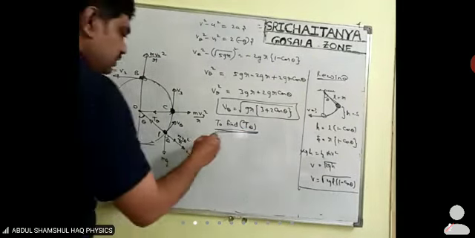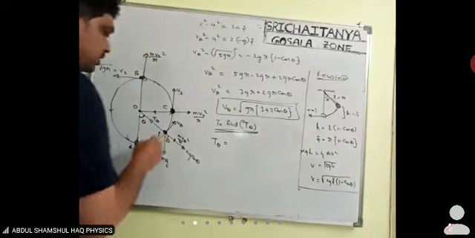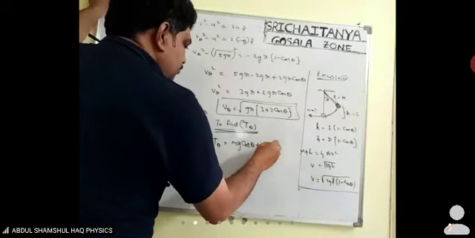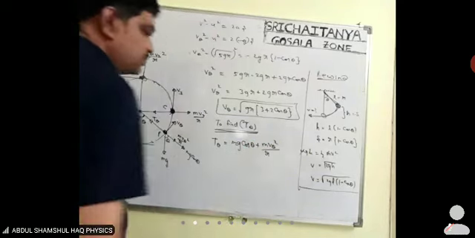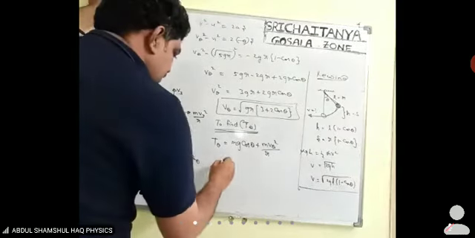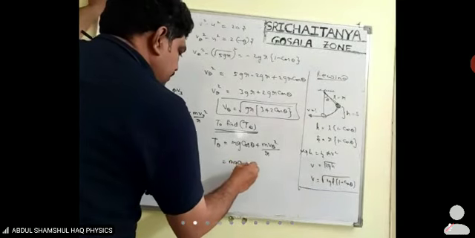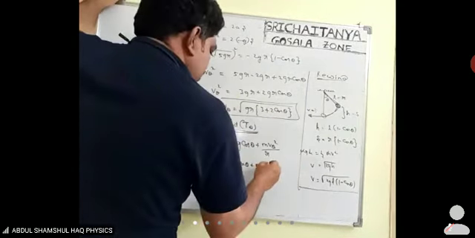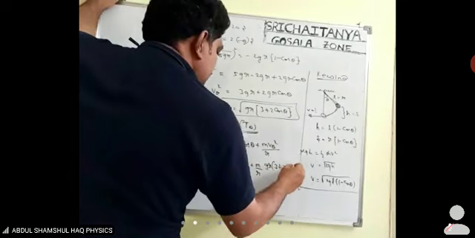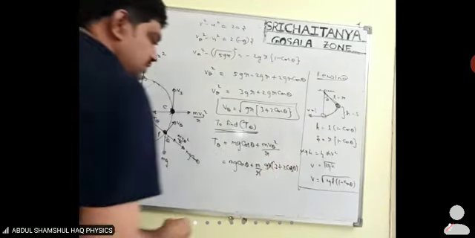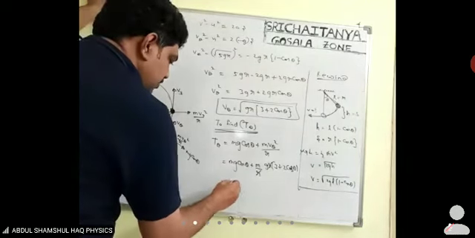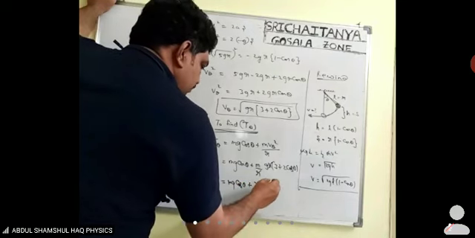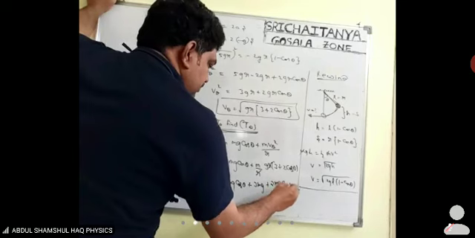In this case, tension T theta will be equal to mg cos theta plus mv theta square divided by small r. That is mg cos theta plus m by small r into v theta square. If I take root gr into 3 plus 2 cos theta, r gets cancelled. Therefore, mg cos theta plus 3mg plus 2mg cos theta.